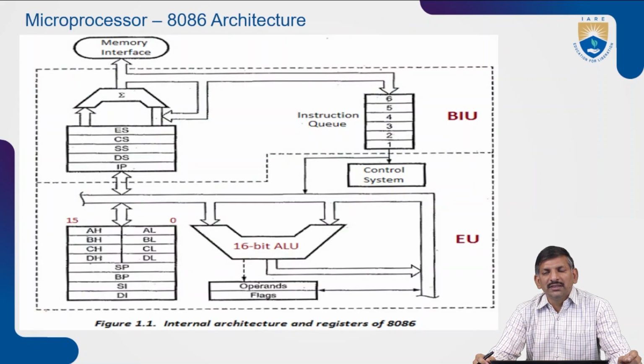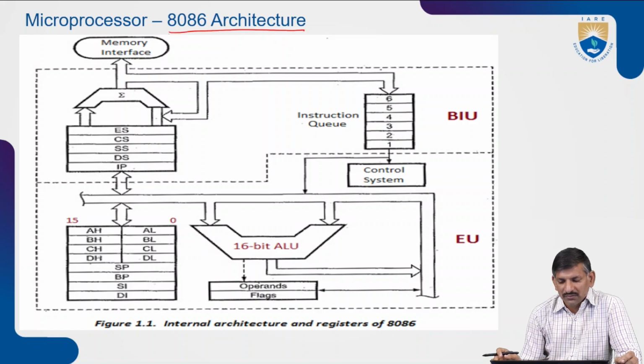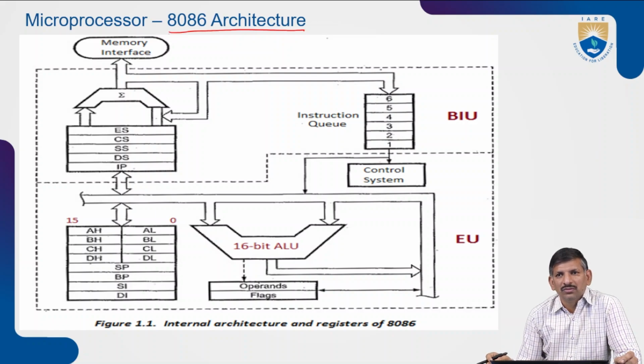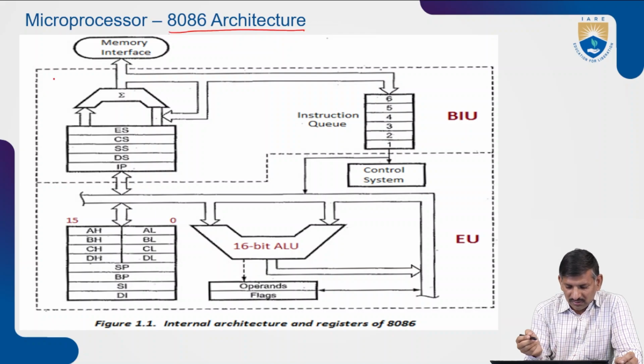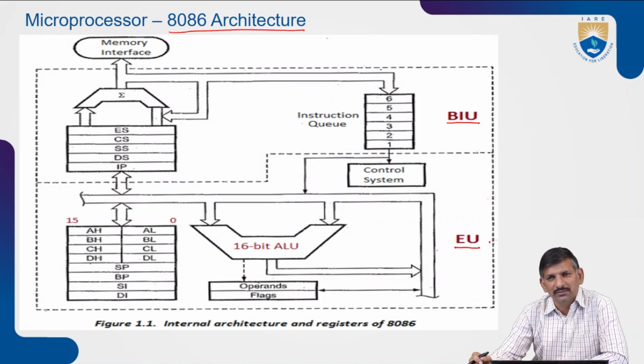Next, 8086 microprocessor architecture. See this architecture once. If you look at this architecture, it is divided into 2 parts. First one is the bus interface unit. Another one is the execution unit.